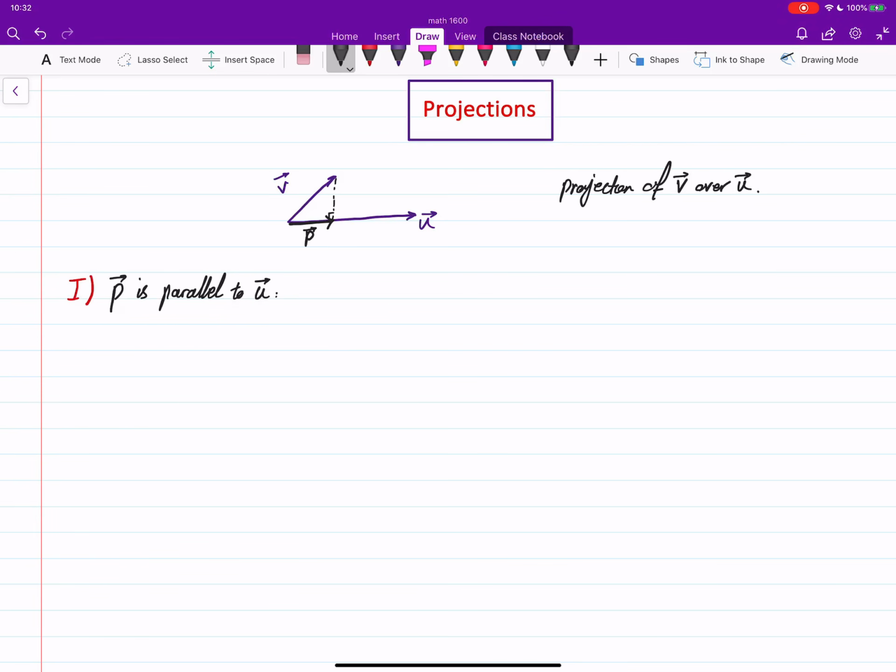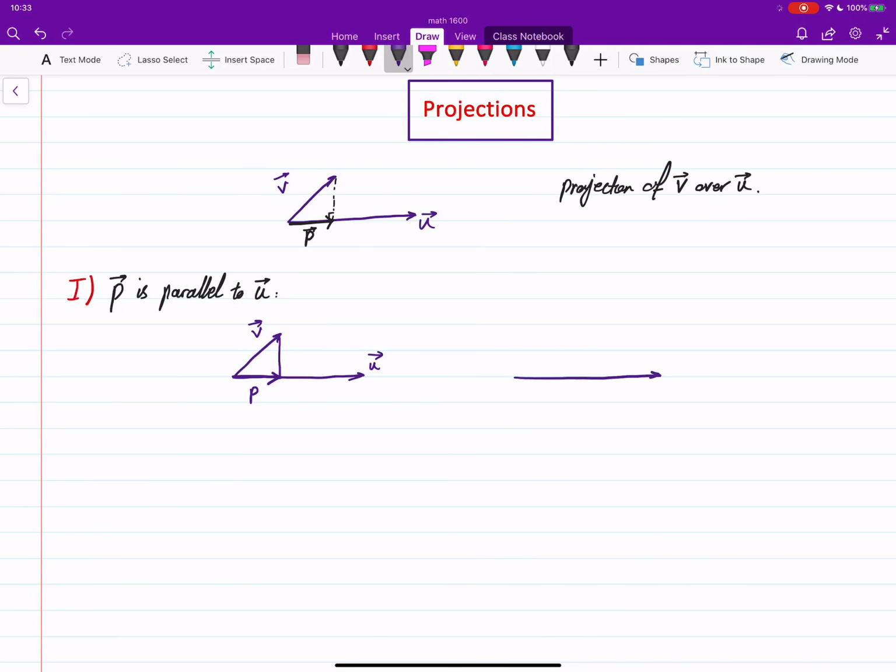You may say that p and u are going to have the same direction, because you see that this is u, and this is v, and when you project on this, you basically get a vector in the same direction. Yes, but you have to be careful.